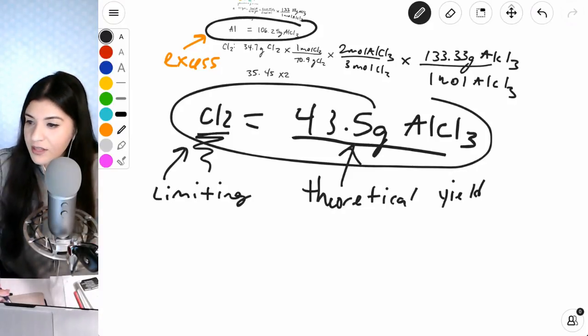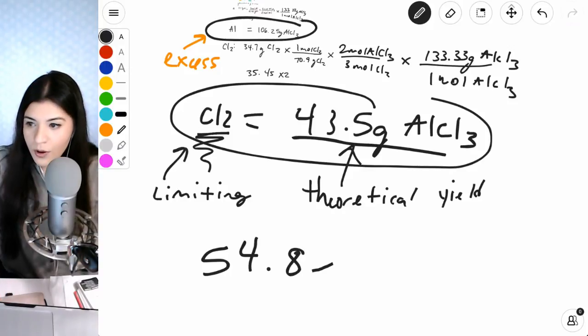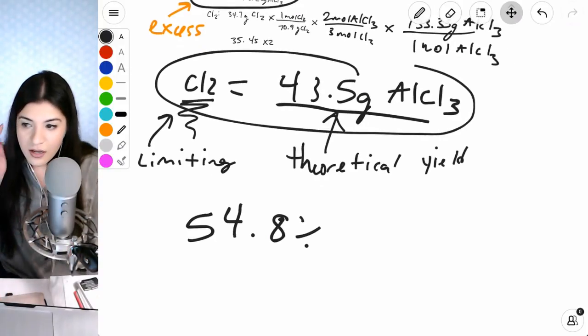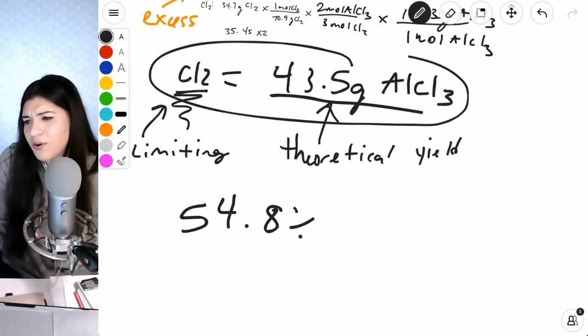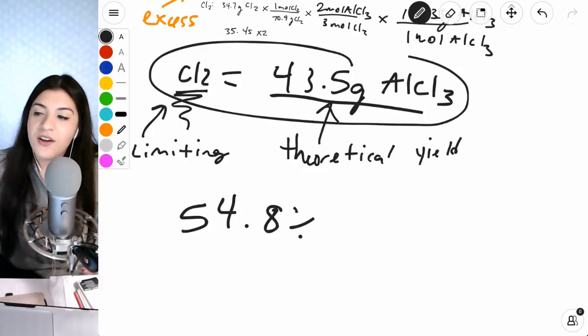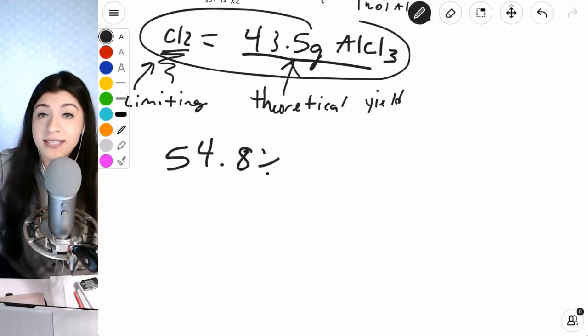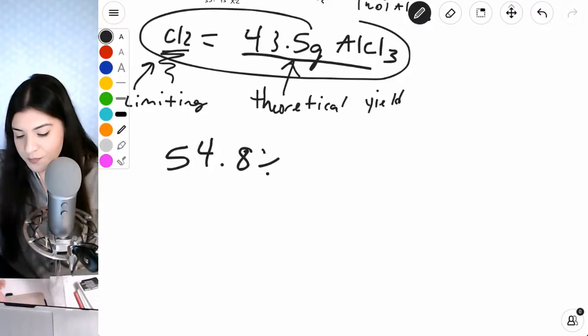Last part of that question is, if the percent yield was 54.8%, what is the actual yield? Okay, and actually there's one more part of this question. I remember these questions are like A through D, right? So that actually could be a common exam question or final exam question.